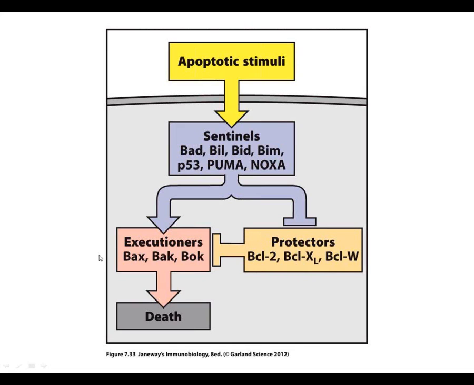In my opinion, you don't really need to hold on to exactly what each of these does. But when you see all these short V words, the BCL2 family of proteins, remember that they are part of the mitochondrial pathway of apoptosis.